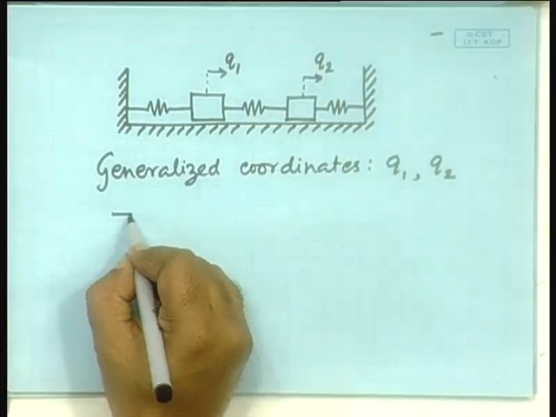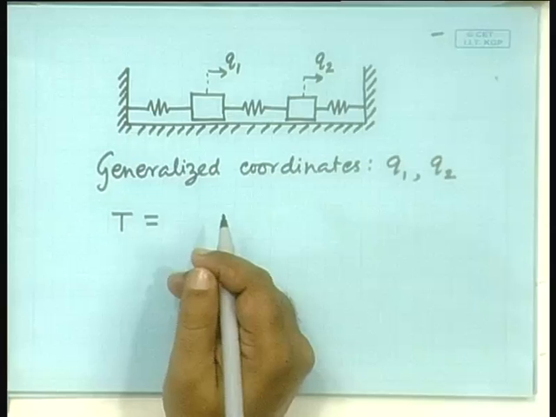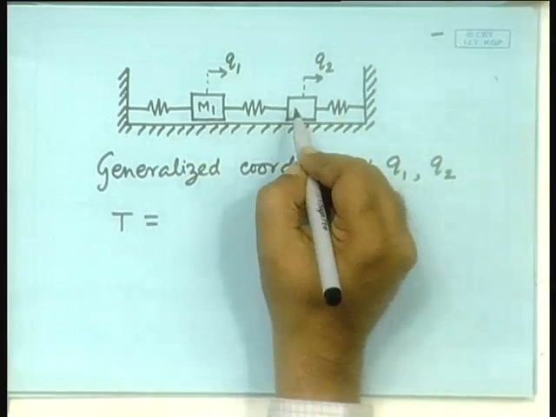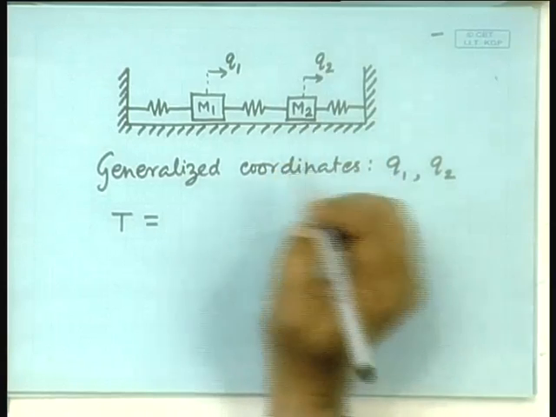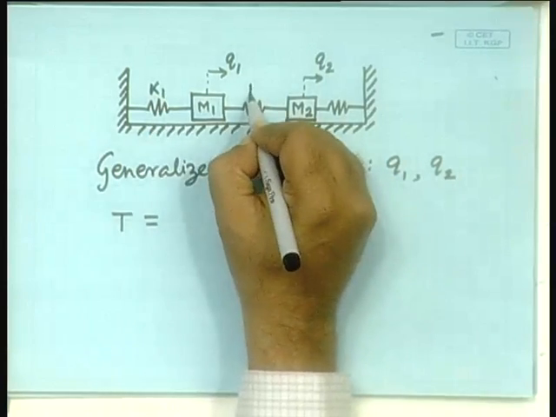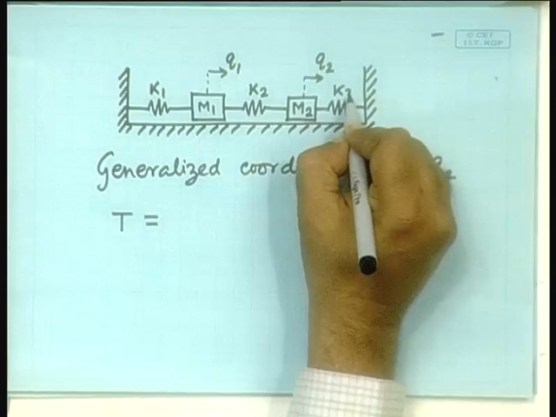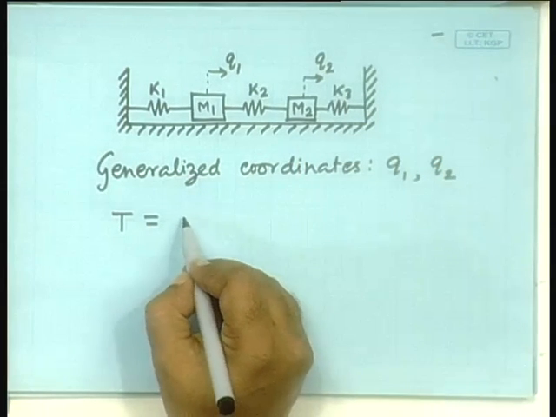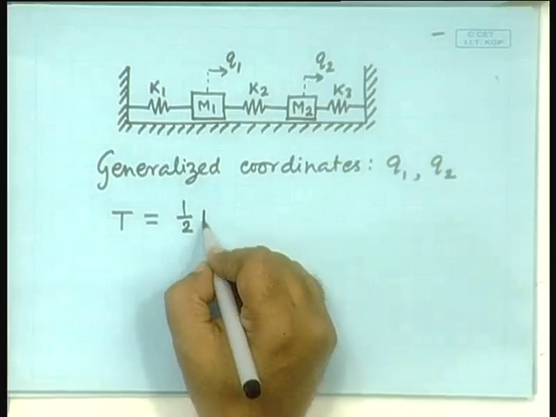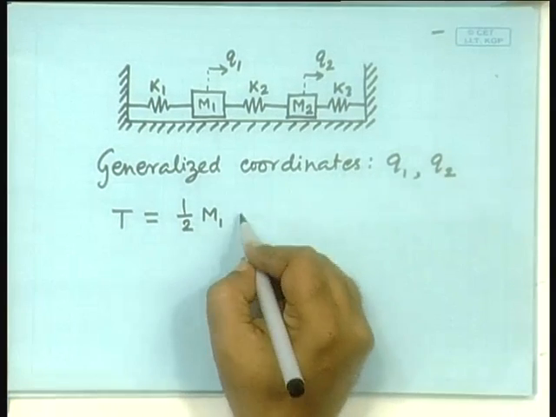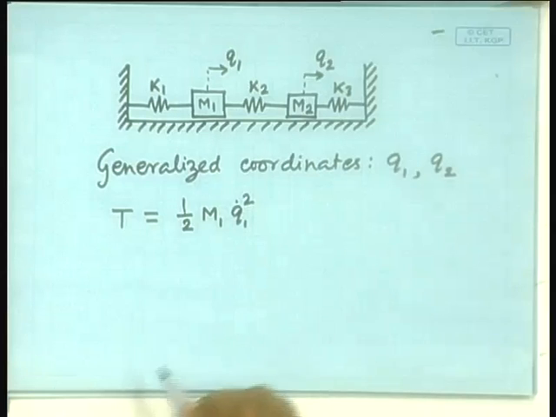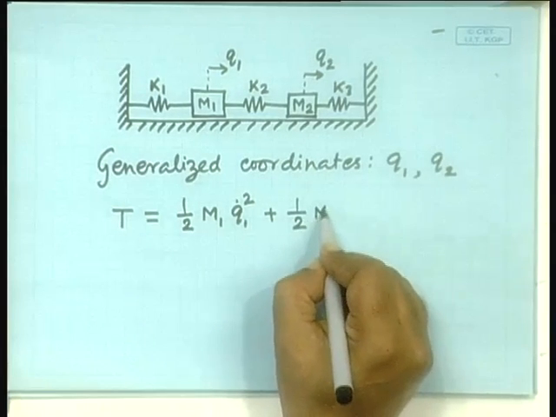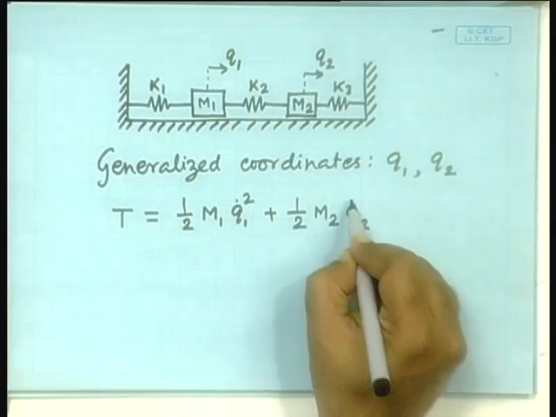Let us first write down T, pretty simple, because this has mass m1 and this has mass m2. Let these springs be k1, k2 and k3. Then the kinetic energy is half m1 q1 dot square for the first one, plus half m2 q2 dot square, simple.